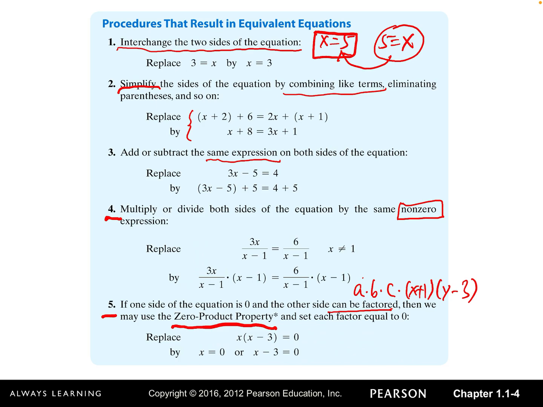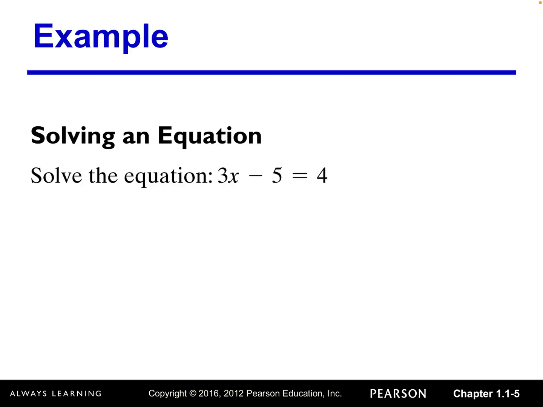Now let's look at an example of how we apply those 5 procedures. A very simple example: 3x minus 5 equals 4. Our goal is to leave x on the left-hand side of the equation and move the constant term to the other side. First we want to clear the negative 5 from the left-hand side.